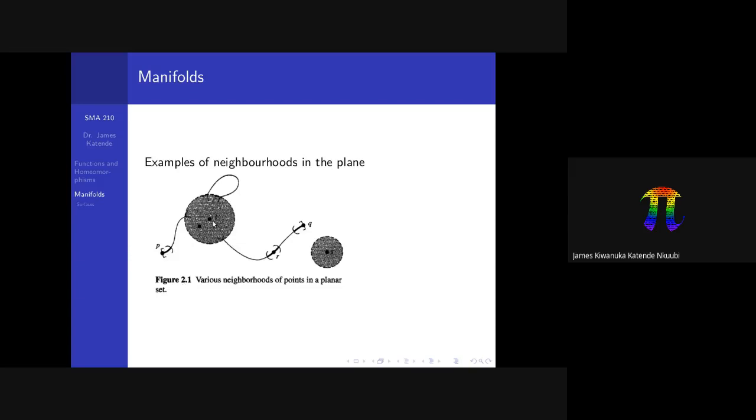If you consider the point, it becomes your basic neighborhood. If you consider this other point, you look for all points that are within a certain distance epsilon from it, and they will form some circular area there.